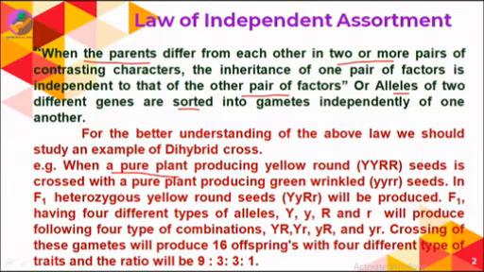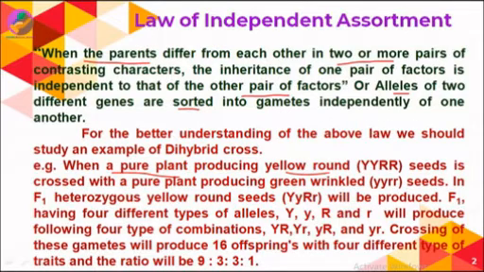When a pure plant producing yellow round seeds is crossed with a pure plant producing green wrinkled seeds, in F1 heterozygous yellow round seeds having genotype capital Y, small y, capital R, small r will be produced.